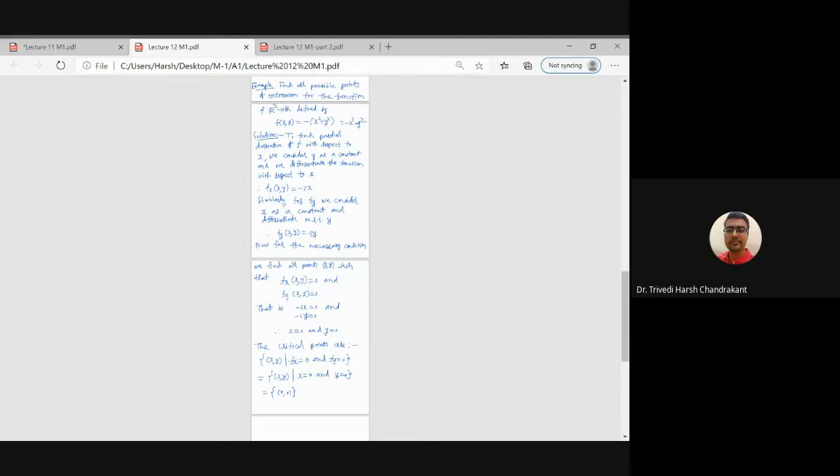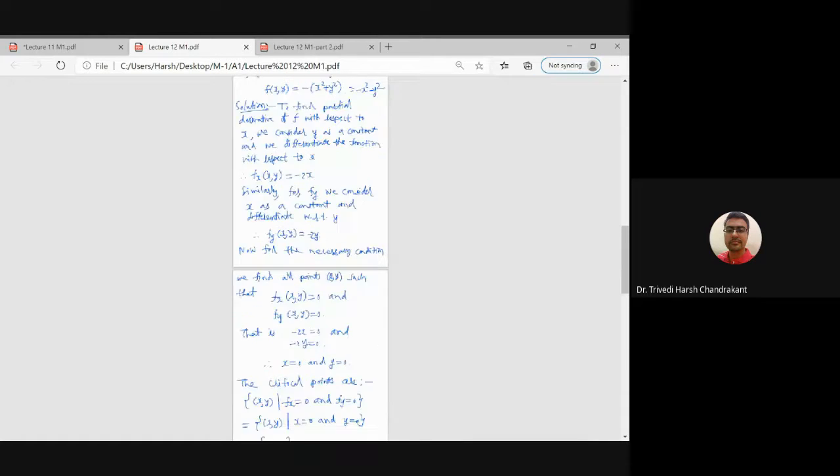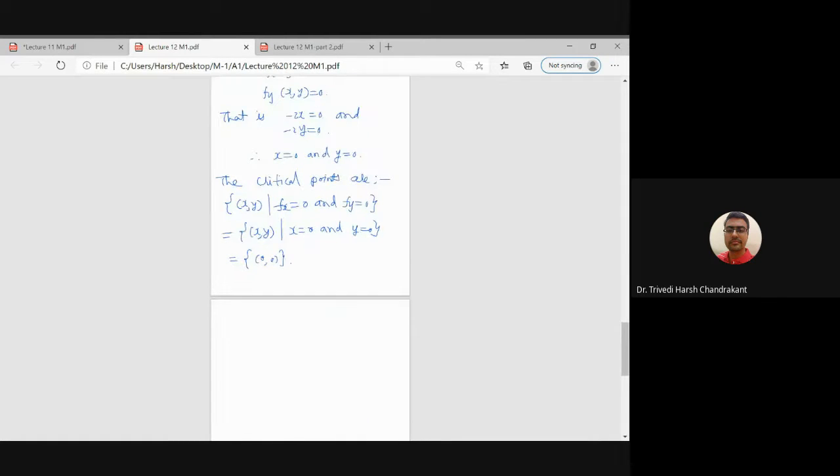Sometimes we get 4 points, sometimes 9 points, depending on what equation we get. If fx equals fy equals 0, we may get a quadratic equation. Then there are two possible values of x, and similarly two possible values of y, so the total choices will be 2 power 2, which is 4. We'll see more examples later.